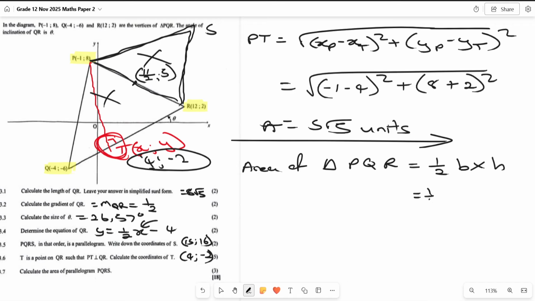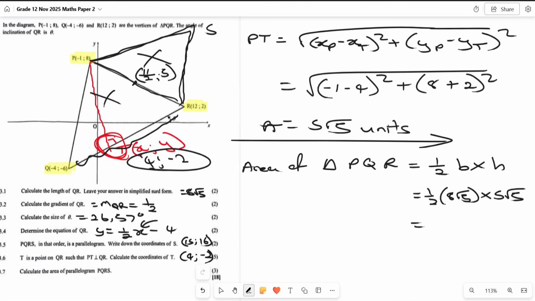What is our base? Our base is going to be this length here, guys, the length of RQ. What did we say it was? It was 8 square root of 5. And our height, we already calculated that, and it was 5 square root of 5.